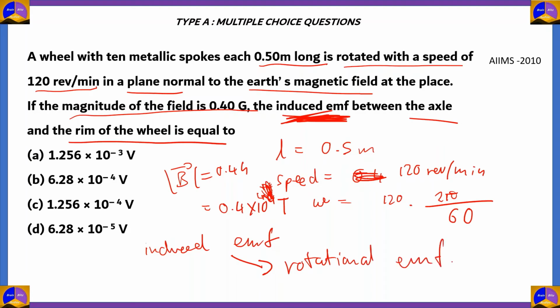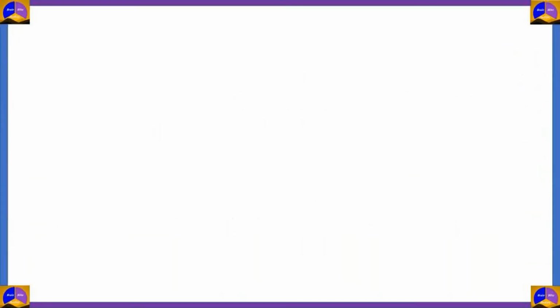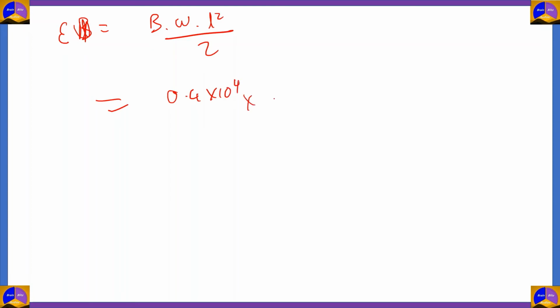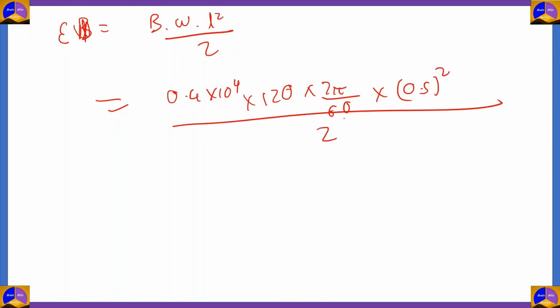This has a separate formula: EMF is equal to B times omega times L square divided by 2. So now we can write the values: 0.4 into 10 raised to minus 4 times 120 into 2 pi by 60 times 0.5, the whole square, and the whole divided by 2. Do not forget it.